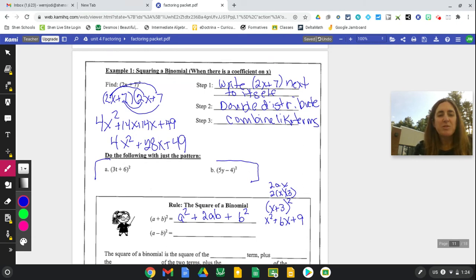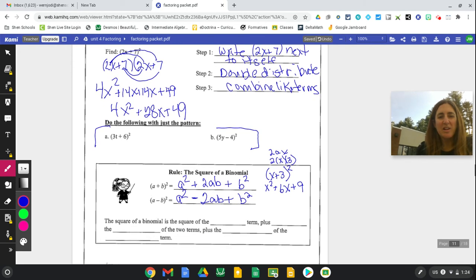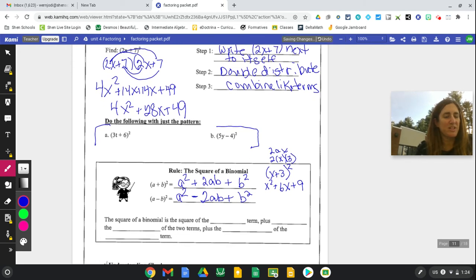Same idea happens with the minus, except our signs change. It's a squared, and we notice that this is a minus. It would be minus 2ab, and the back is always a plus b squared. So it's kind of fun that there's actually a pattern that happens with those perfect squared binomials.